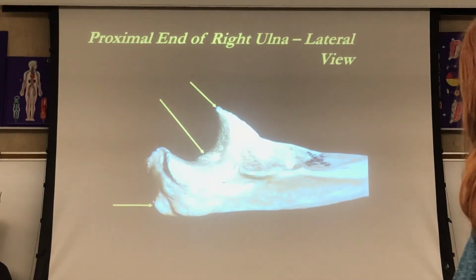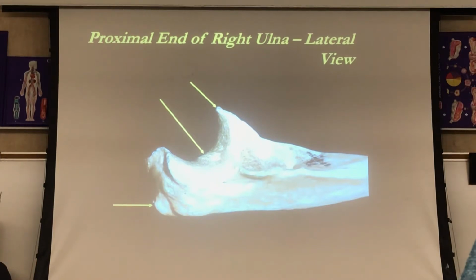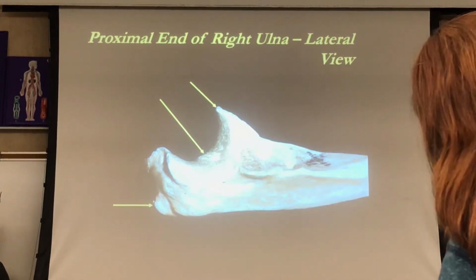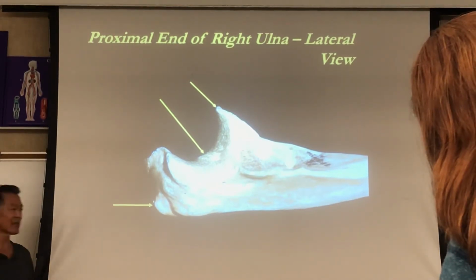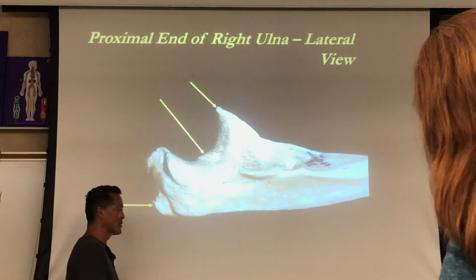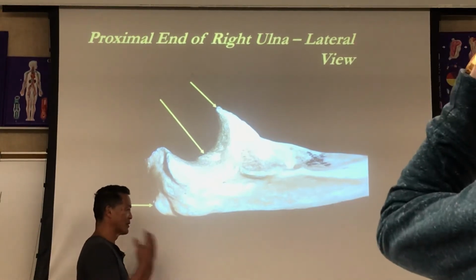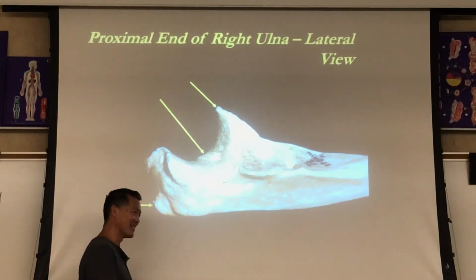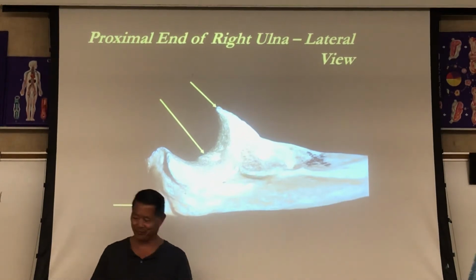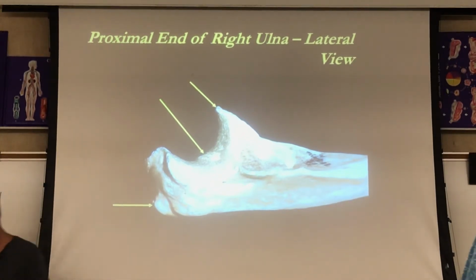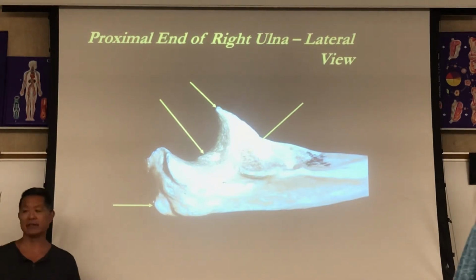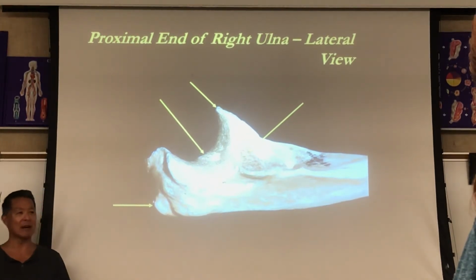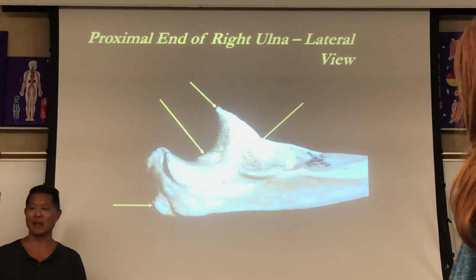Comes to a point. All right, with that color pen, I would write next to trochlear notch, anterior. Trochlear notch opens to the anterior, because I don't know anybody's elbows that bend to the posterior. Bends to the anterior. And then this is the radial notch. And with that color pen, I would write lateral, because the radius is lateral.